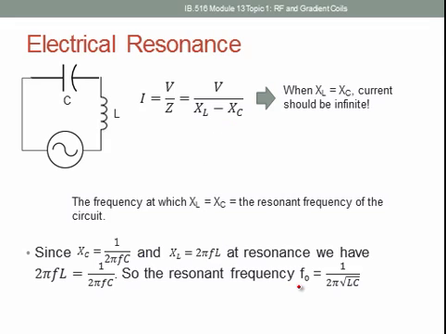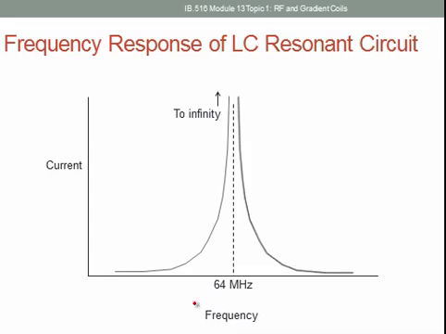And this can be solved here. I'm showing the resonant frequency, F naught, is equal to 1 over 2 pi square root of LC. So if you look at this in terms of a frequency response, and I'm just showing this frequency, this can be any frequency. I'm just showing 64 megahertz because, of course, that's the Larmor frequency at 1.5 Tesla.